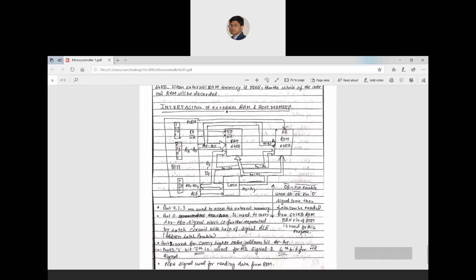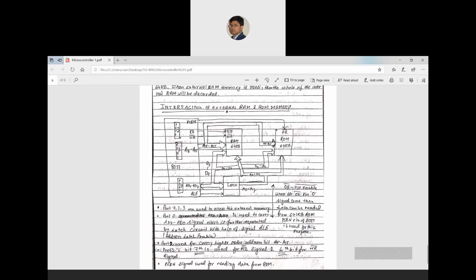Now when ALE is low, the latch is holding its previous output. So when I make ALE low, the content of A0 to A7 does not suddenly go to 00, it holds the previous value. So the proper address is available at these address buses.